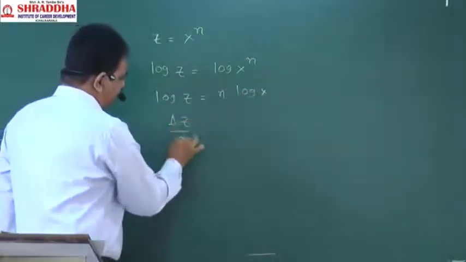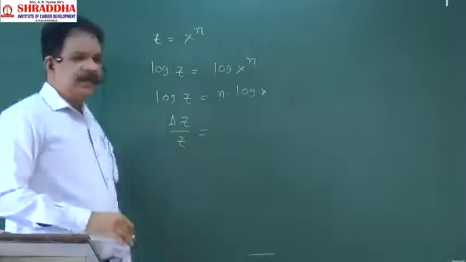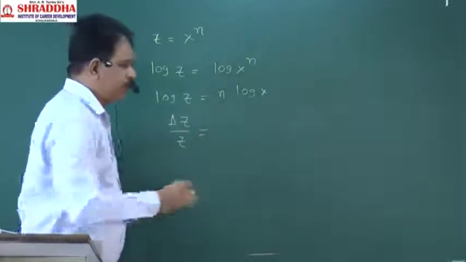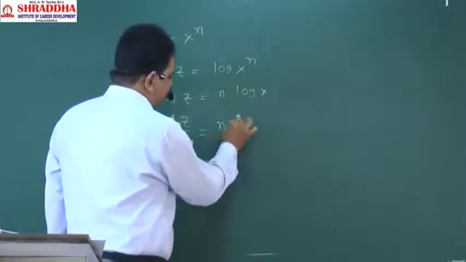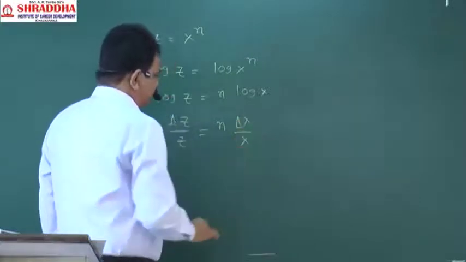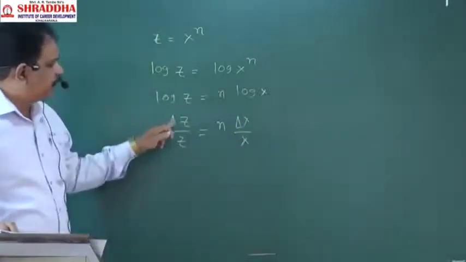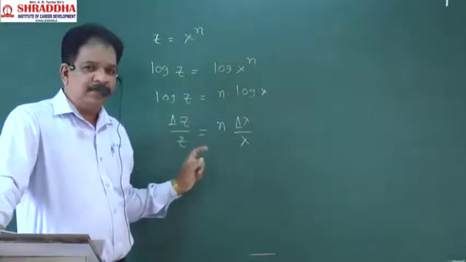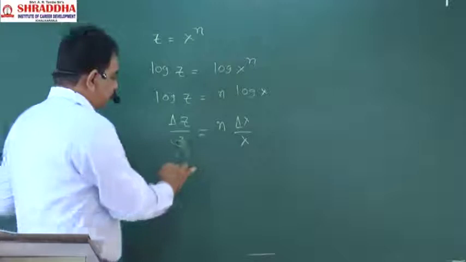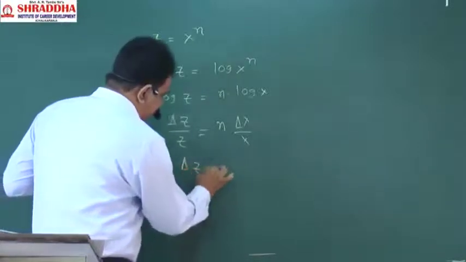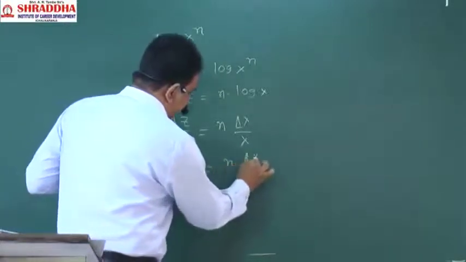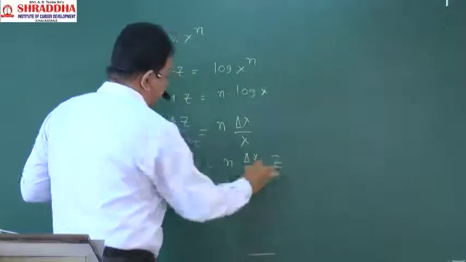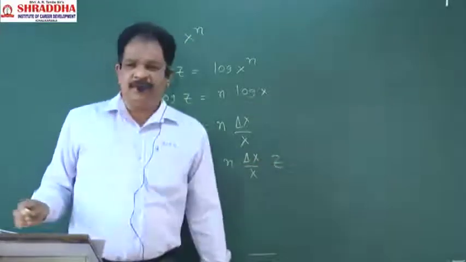Then if we differentiate this, delta z by z is equal to n into delta x by x. This is the relative error. Delta z by z will be called relative error. Delta z is equal to n into delta x by x into z.